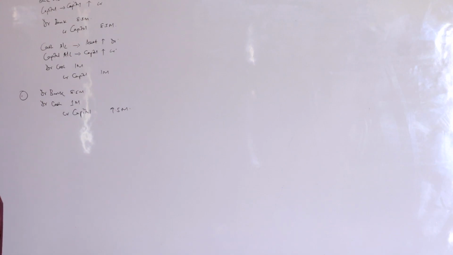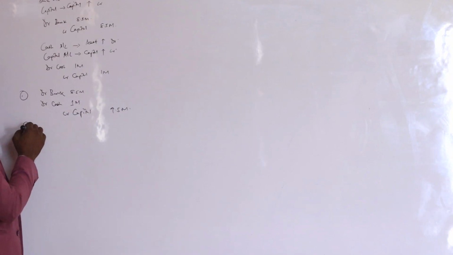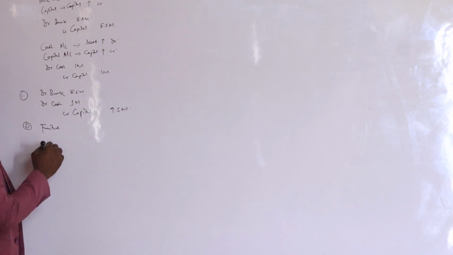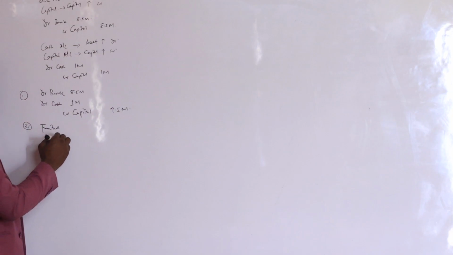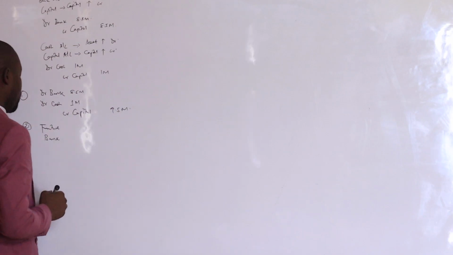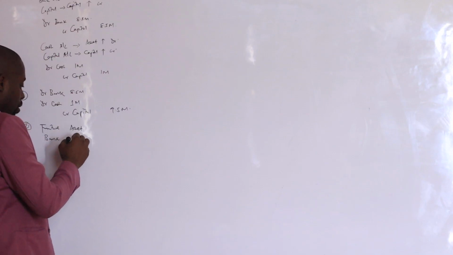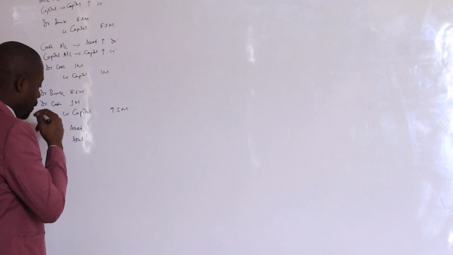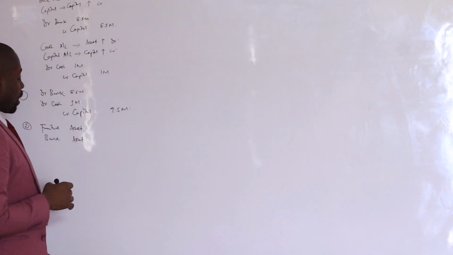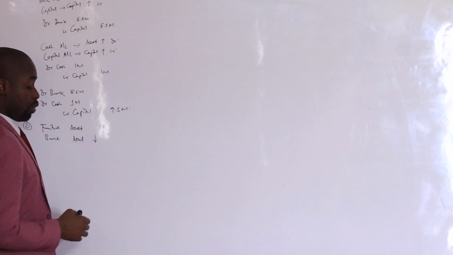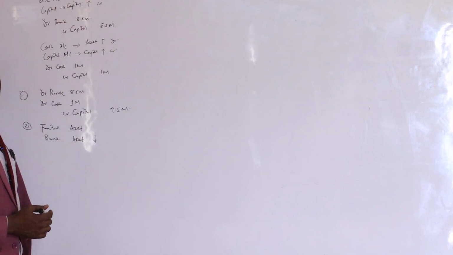Number 2, bought furniture. So we have accounts involved as furniture, and by which mode? By check. So you have bank. So furniture is an asset. Bank is also an asset. What is happening? We are using money at bank to buy furniture. So money at bank is reducing. Furniture, we are adding more.